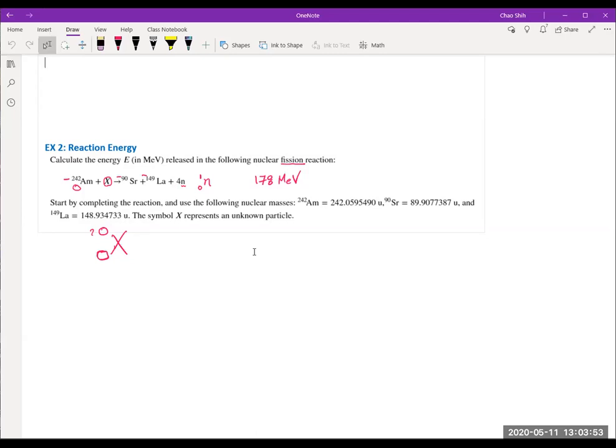Let me change to my pad. So I have to change my pad. Let me share from my pad so I can write.